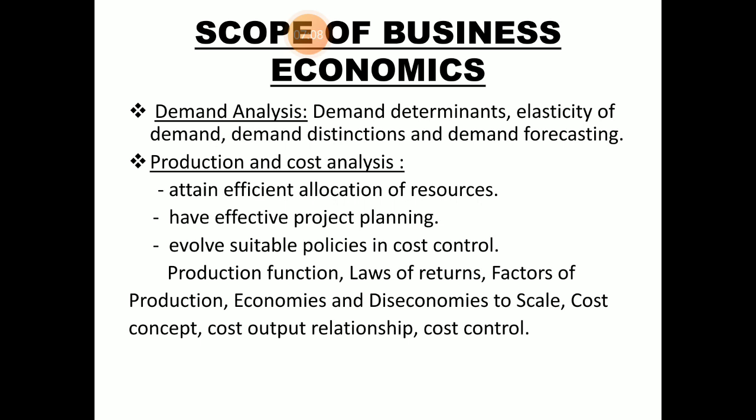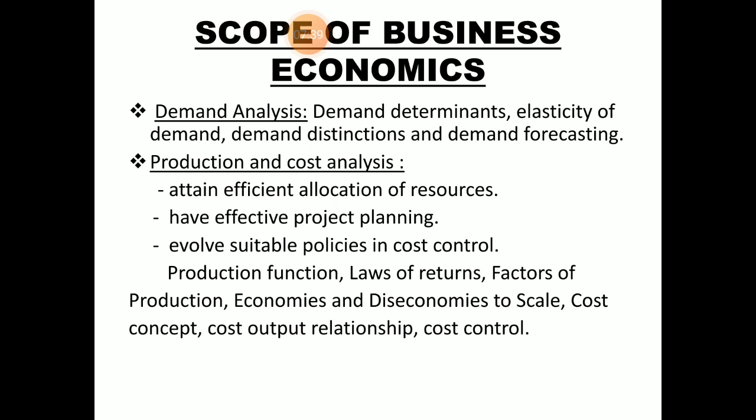And the next aspect under the scope of business economics is production and cost analysis. A study of production and cost analysis is important for the firm to attain efficient allocation of resources, to have effective project planning, and to evolve suitable policies in cost control.